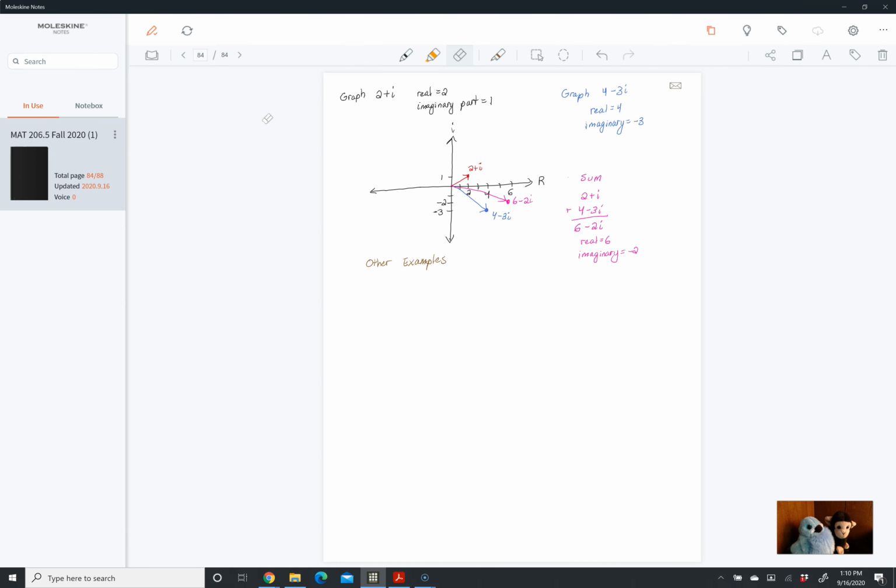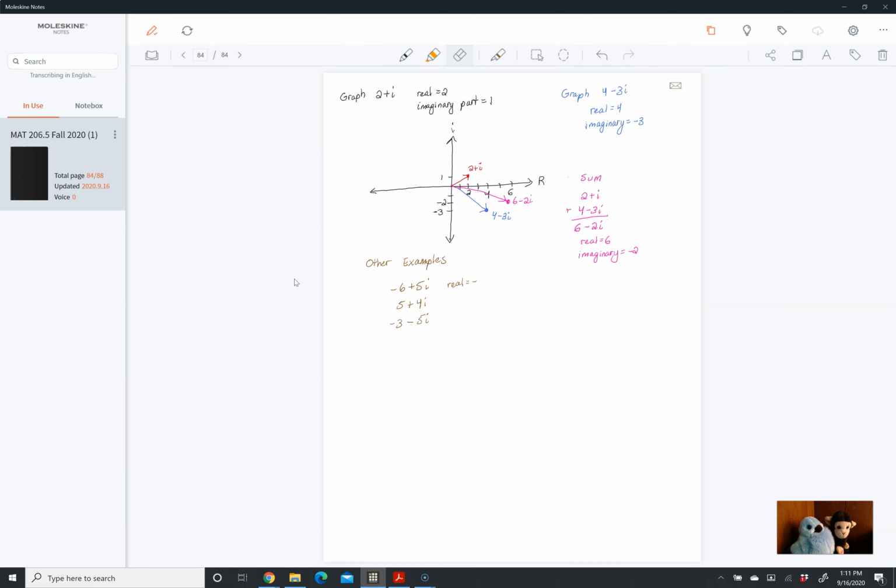We'll graph -6 plus 5i, and let's do 5 plus 4i, and we'll do -3 minus 5i. Okay, so to do this, for each of these, we're going to identify the real part and the imaginary part.